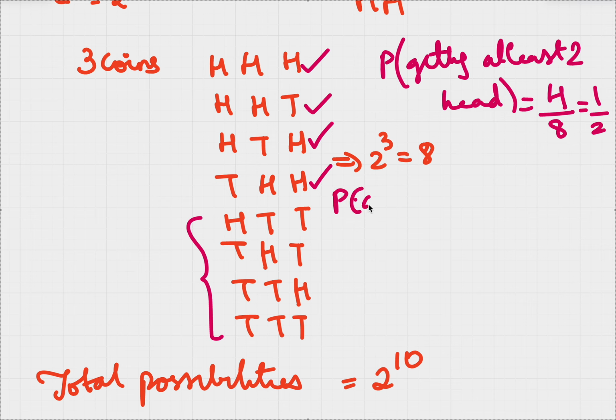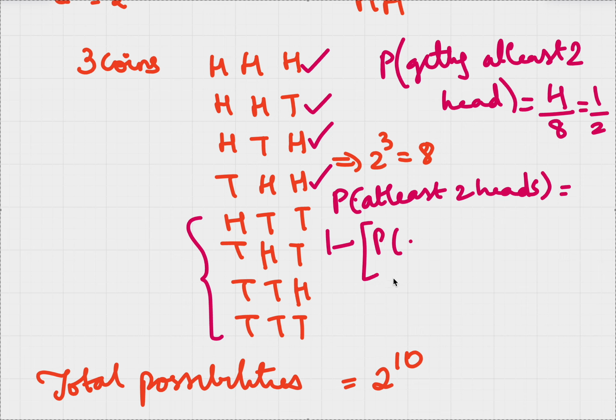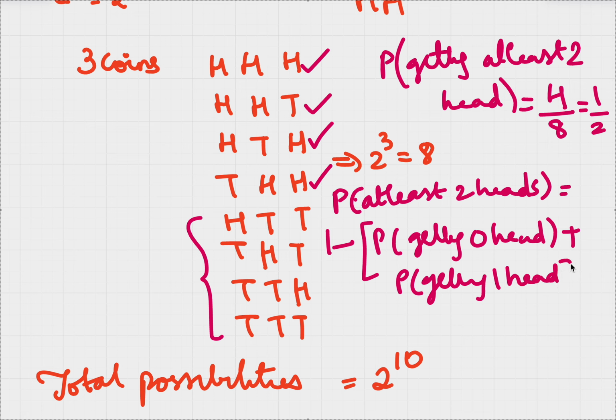The probability of getting at least 2 heads is 1 minus the probability of getting 0 heads plus the probability of getting 1 head, because getting 2 heads means 2 or more. So the opposite is getting less than 2, which is 1 or 0.